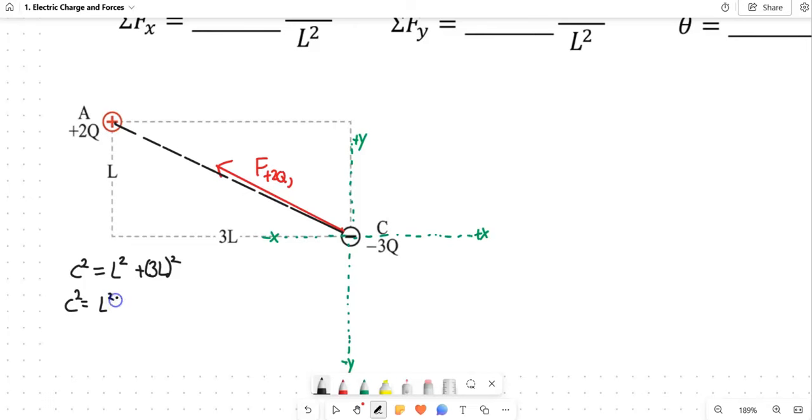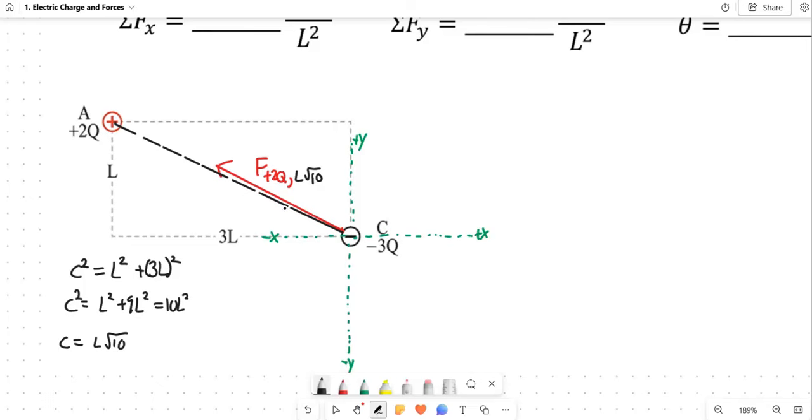So this is going to be L squared plus 9L squared. So that is going to be equal to 10L squared. So square rooting both sides, this is going to be L square root of 10. So now we know the distance from the positive 2Q to the negative 3Q as L square root of 10. Okay?